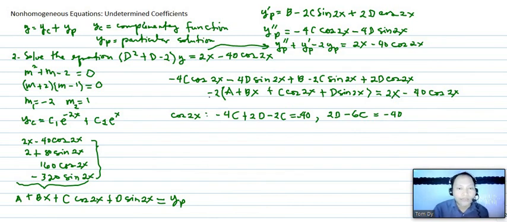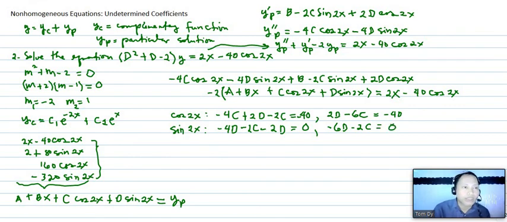Okay, this time those terms with sine 2x, we have negative 4d with sine 2x, negative 2c, and then we have here d, negative 2d, and then sine, that is 0. Okay, so this can be rewritten as negative 6d minus 2c is equal to 0.